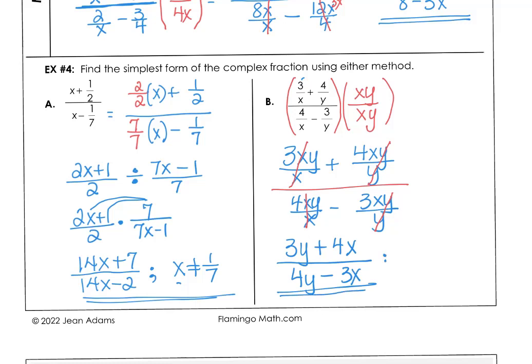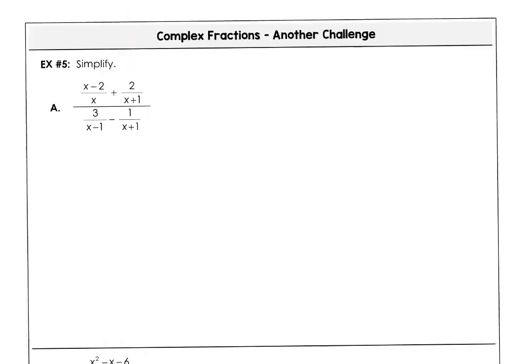And then thinking about our restrictions, we would not be able to have x be 0. We wouldn't be able to have y be 0. And then when we get down here on the end, solving that denominator for 0, we would not be able to have y equal to 3/4 of x, because that would also cause division by 0.